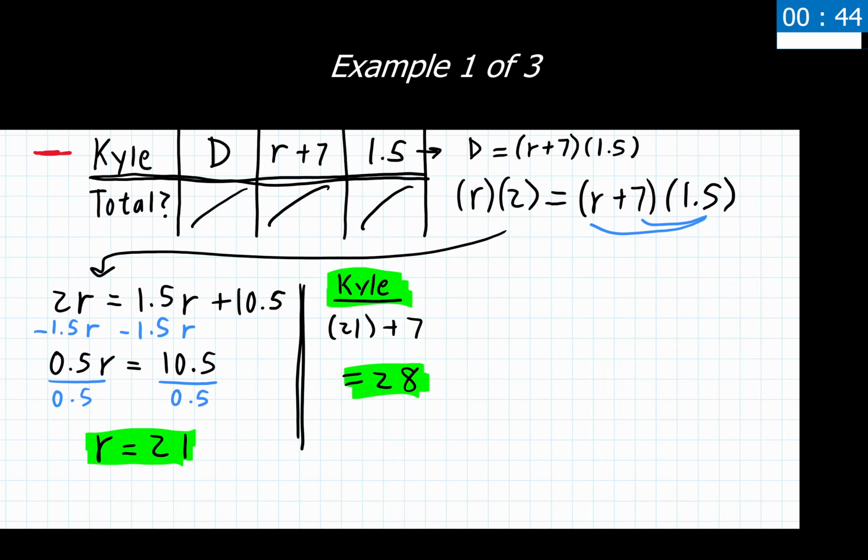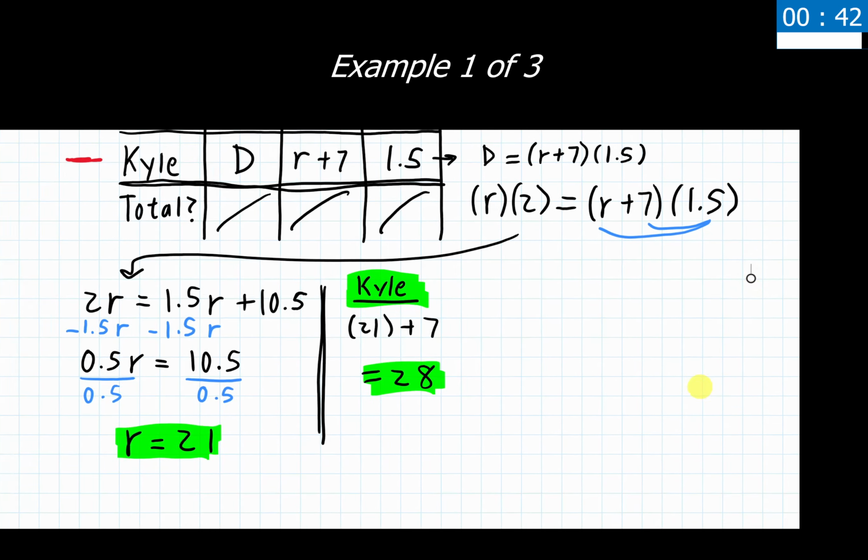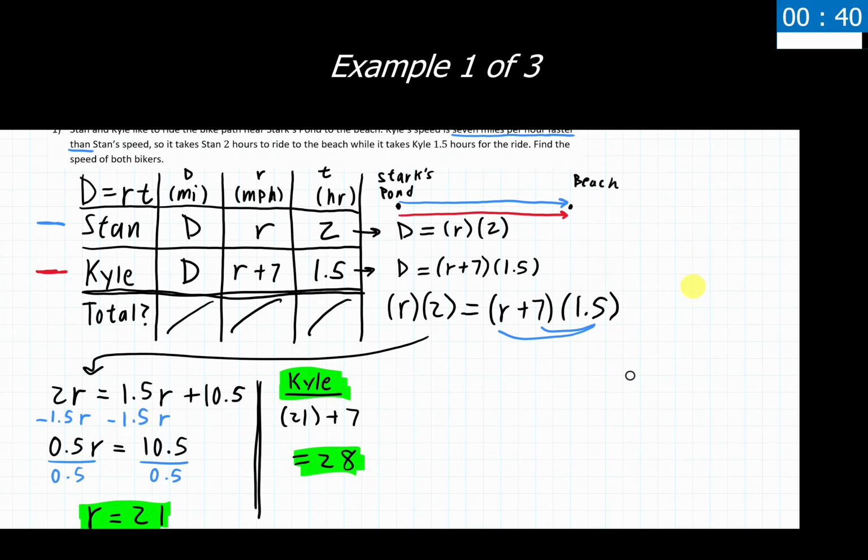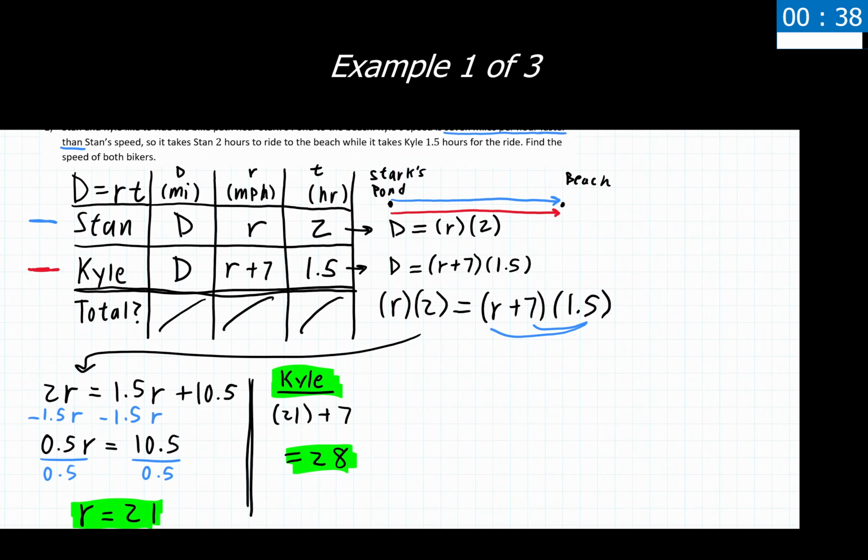So based on this, and a process that we went through here, we know that Stan traveled at a rate of 21 miles per hour, and Kyle traveled at a rate of 28 miles per hour.